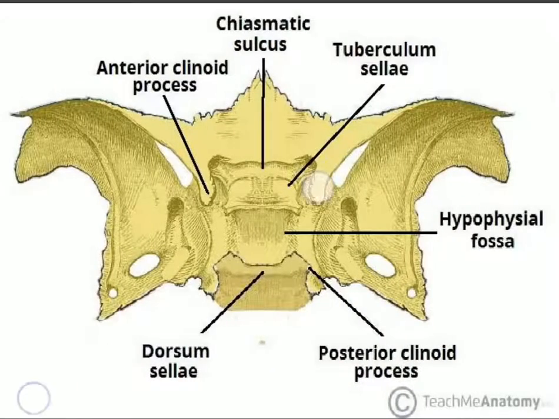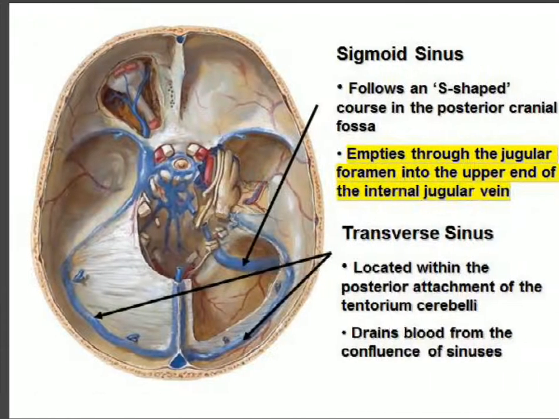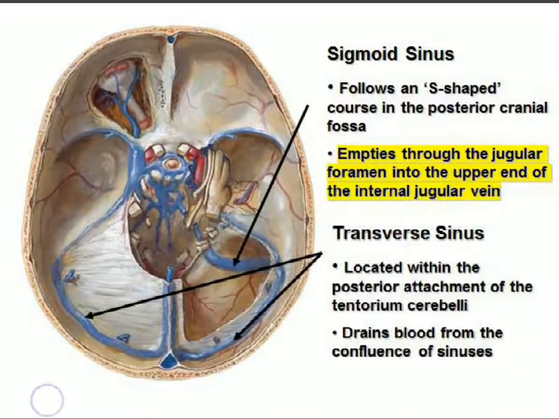So these are the anterior clinoid processes and these are the posterior clinoid processes. This is the anterolateral part of the attached margin, related with the superior part of the petrous temporal bone and the posterior clinoid process.